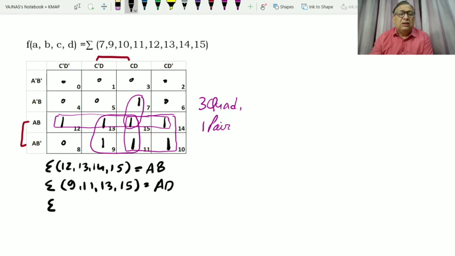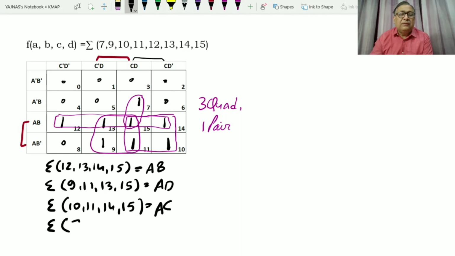And then sigma 10, 11, 14, 15: from the left A is constant, and from the top of 14 and 15, C is constant. And the last group, that is the pair 7 and 15: from the left of 7 and 15, B is constant, and from the top, CD is constant.